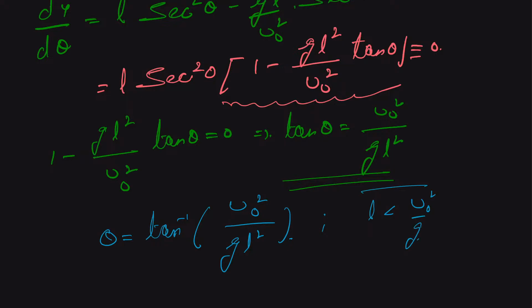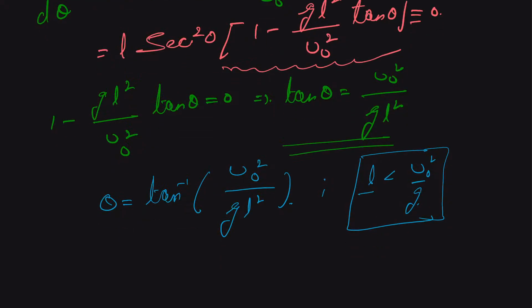Because if it is not less than this V0 square upon G, ultimately the projectile will not be able to hit the wall. So this is the constraint relationship between the distance from which the projectile is launched and the projectile velocity. Okay. So this constraint relationship is to be followed.